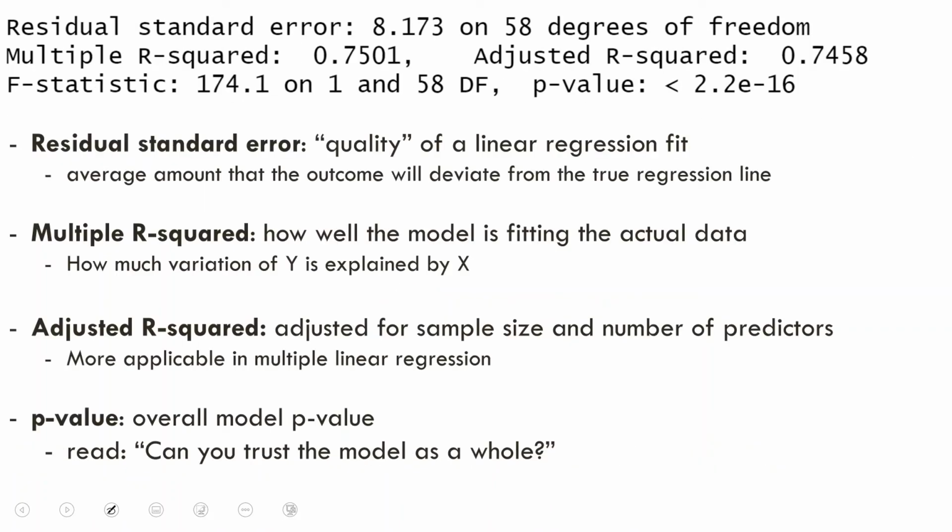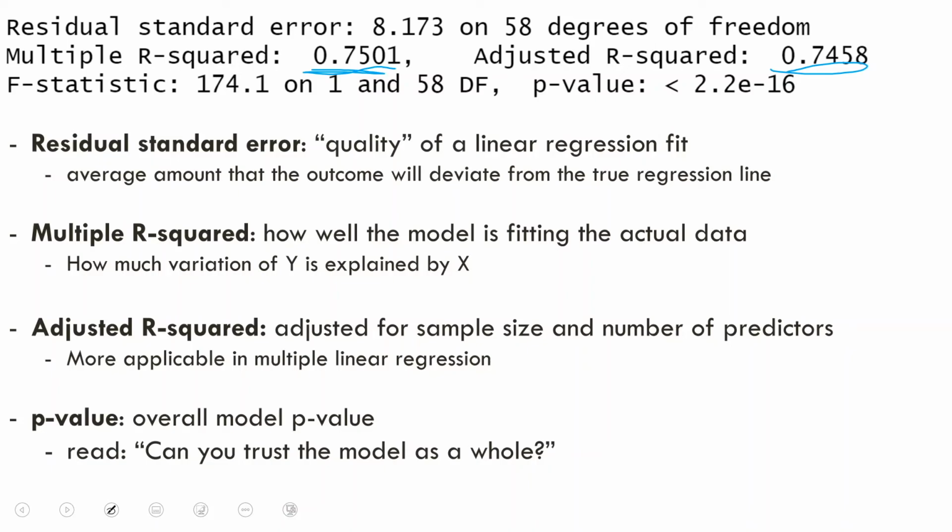Not too important to get hung up on, except for the second line here, where we have multiple R-squared and adjusted R-squared. And so that's okay. Two different things, right? Telling you the same information, but one of them is doing a slightly better job.